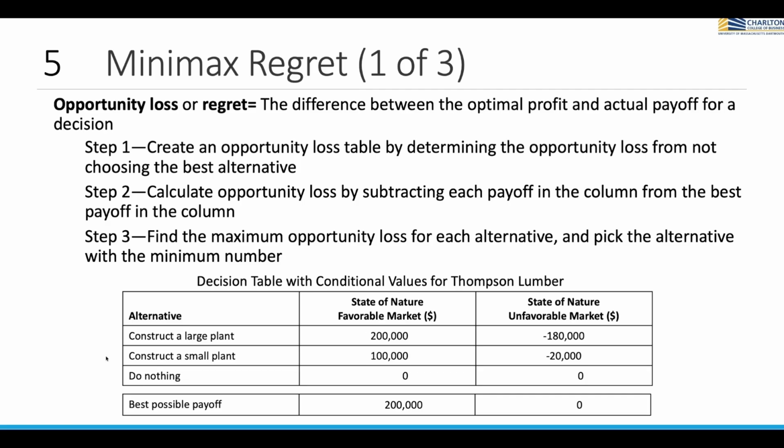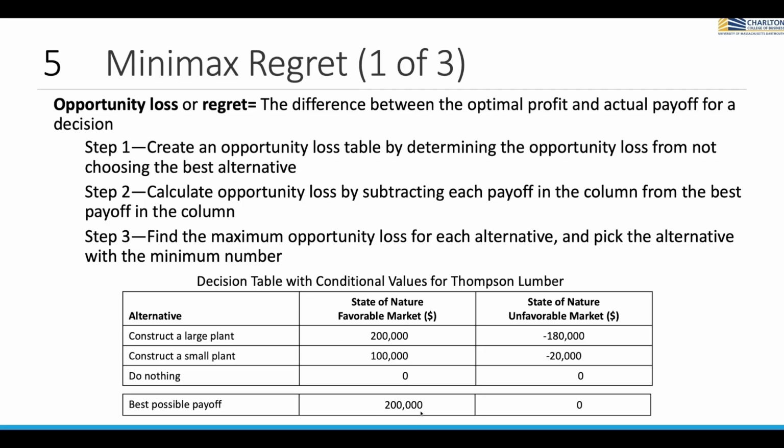In order to build the opportunity loss table, we need to assume that the future has happened and see under each state of nature what the best decision is. So if we assume that the market is favorable in the future, the best payoff would be 200,000 for constructing a large plant.